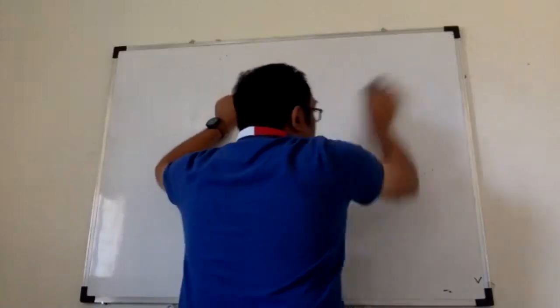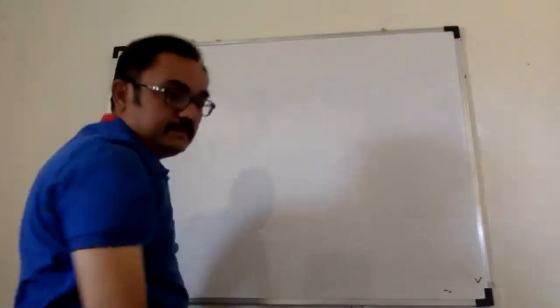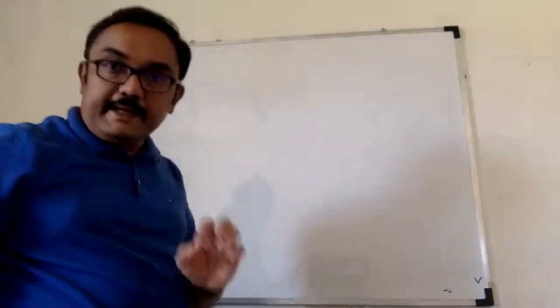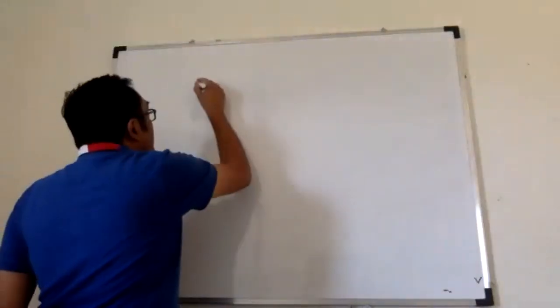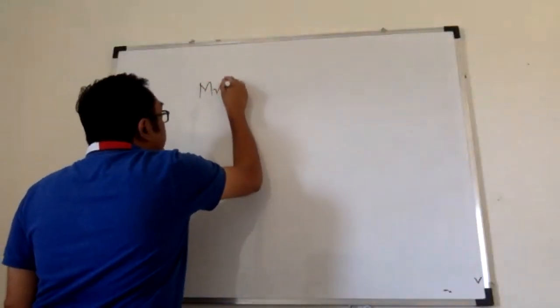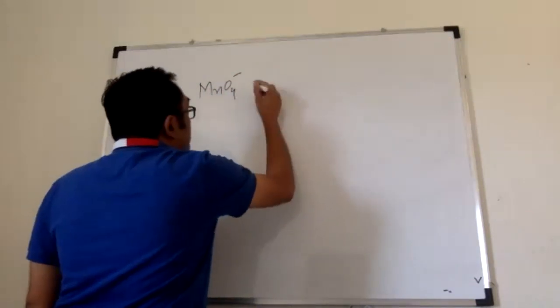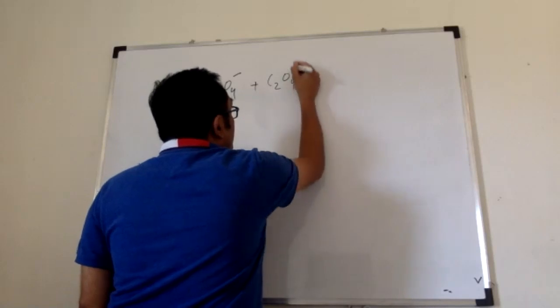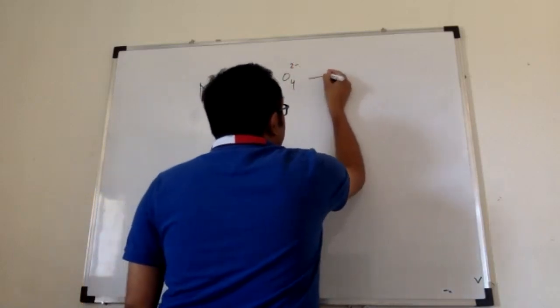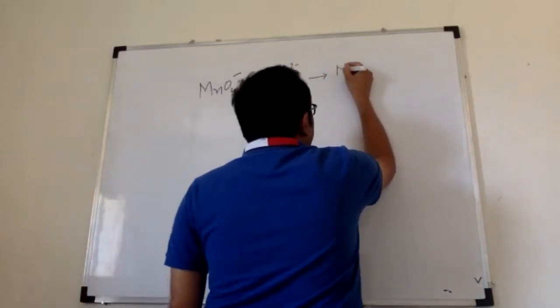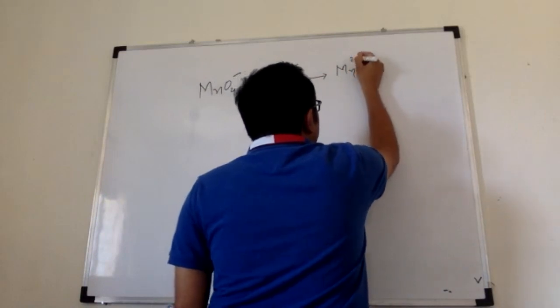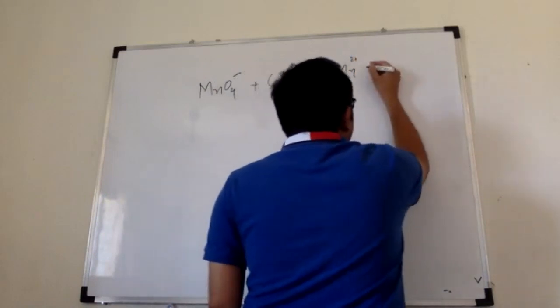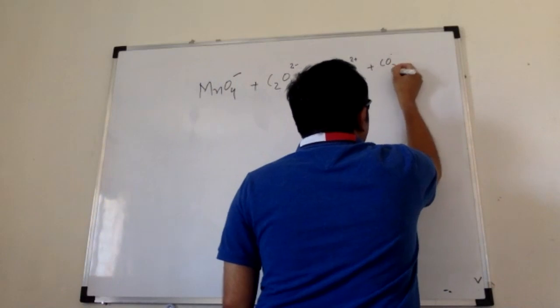Check. Have you written the same equation? As I said, manganate ion, it is MnO4 minus, reacts with oxalate ion, which is C2O4 2 minus, to give Mn2 plus and carbon dioxide.